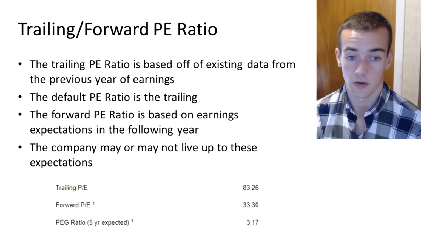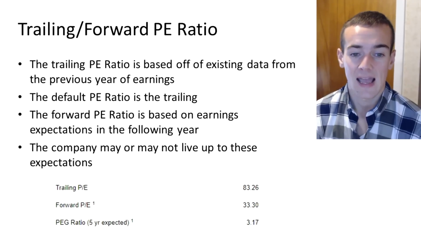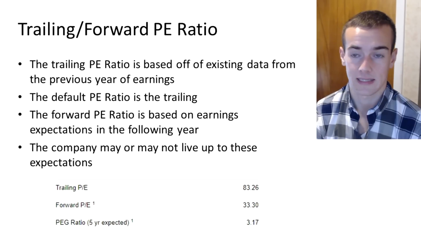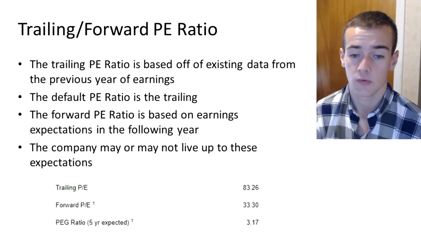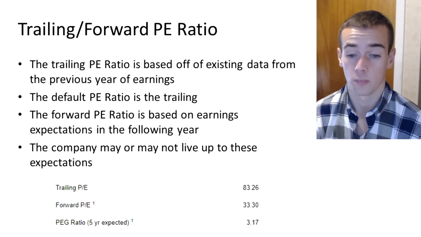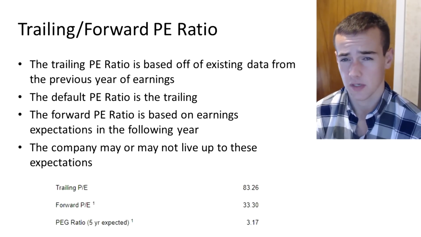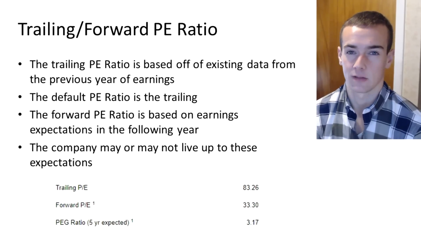The forward PE ratio is based on earnings expectations in the following year, and remember, the company may or may not live up to these expectations. As you can see here, we looked at that same company. Their trailing PE is sky high at 83.26, but their forward PE is a 33.3, a much lower PE, but still significantly higher than the industry average. Maybe that PE makes a little bit more sense now.